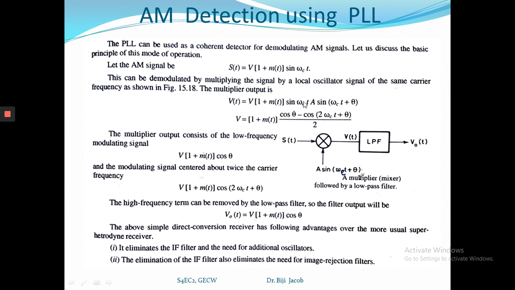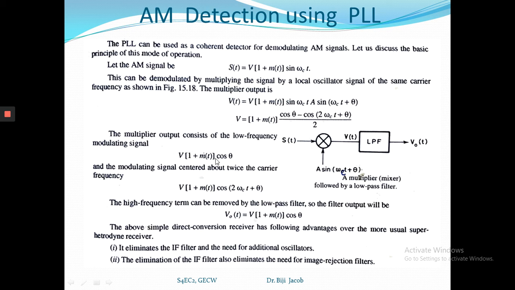So you will be getting cos theta minus cos of the high frequency term. You are multiplying your AM signal with the carrier signal using a multiplier. Then if you are passing it through a low pass filter, this high frequency component will be eliminated, so you will be getting this one.